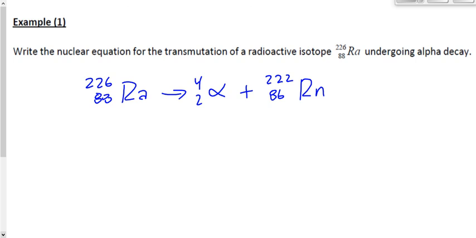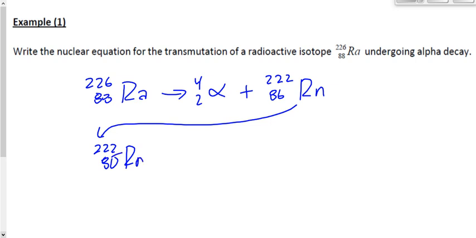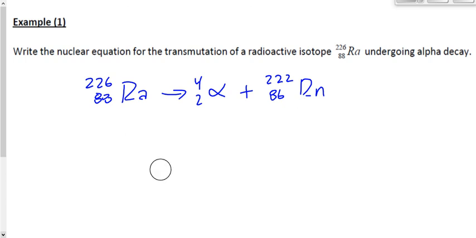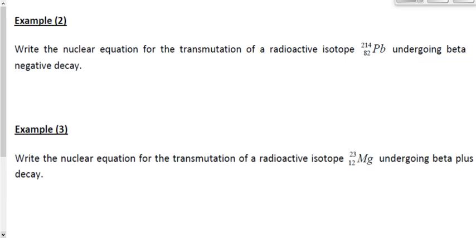Now, this product could turn around and produce another alpha particle or a beta particle or whatever. So you might end up getting more than one alpha particle out of it, but that particular transmutation only produces one. Good question. So this one is the transmutation of radioactive isotope lead-214 undergoing beta negative decay.